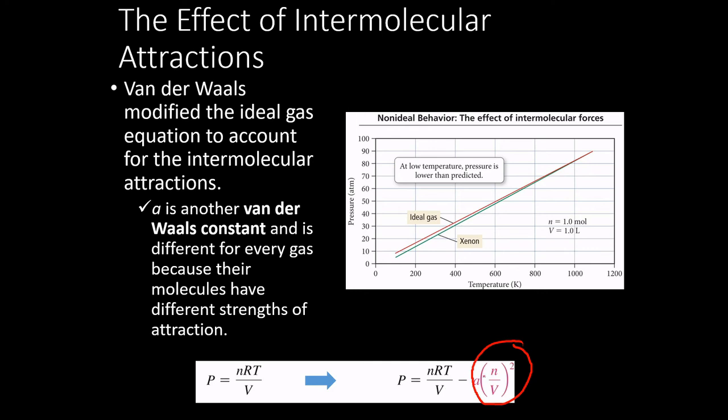In this case, we would be subtracting A, which is another constant specific to a molecule, so there would be tables with the constants for these molecules, times N over V squared. Again, the N here is the same N, the number of moles, and V is the volume.